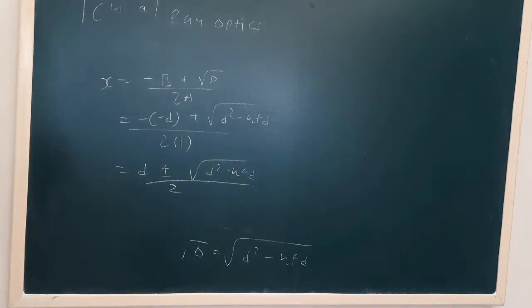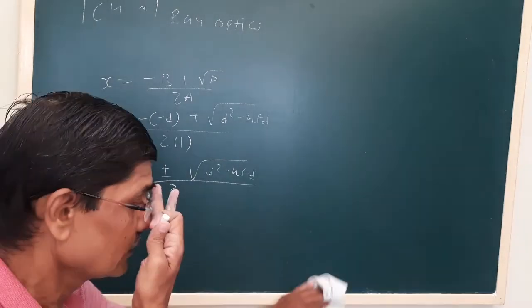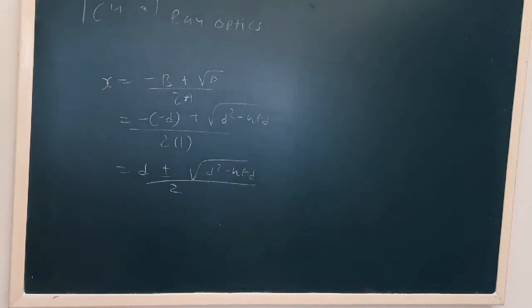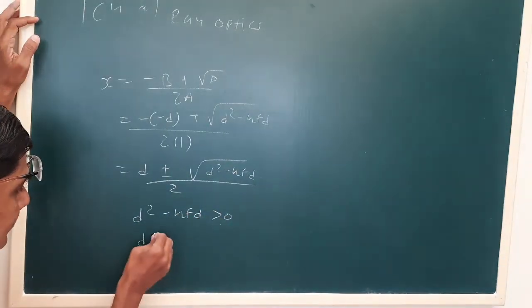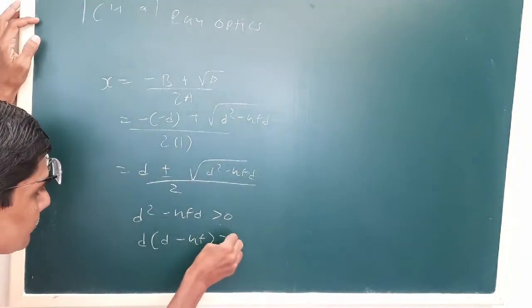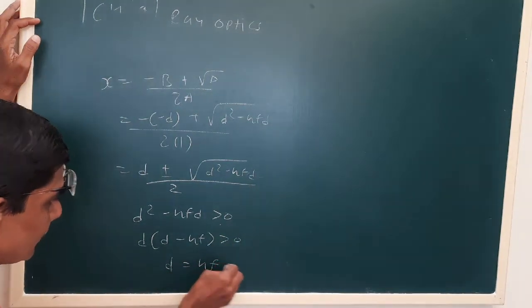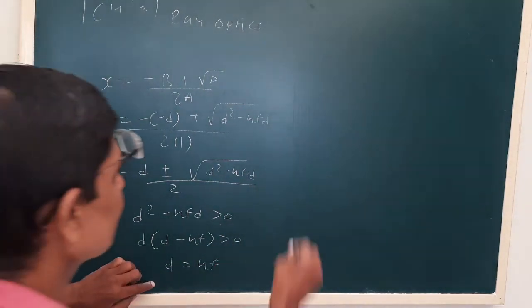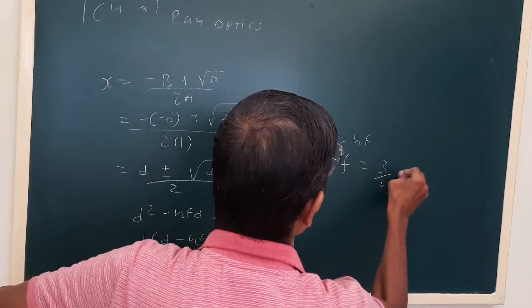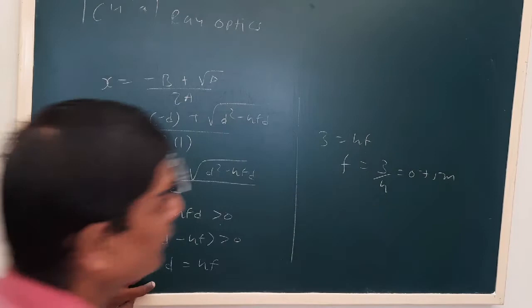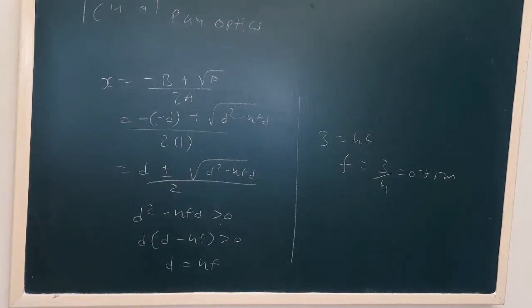Now see, for real root, delta should be greater than 0. So this is how we can obtain d is greater than or equal to 4f. Now distance is given as 3, so 3 equals 4f, f is 3/4. Okay, so this is how we can obtain the focal length as 0.75 meter. Now this is about exercise sum number 9.19.